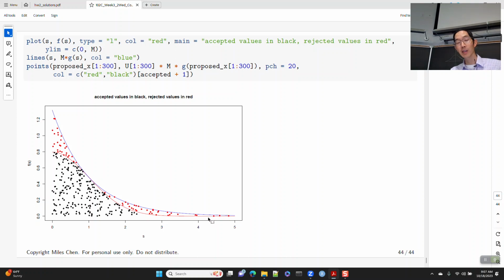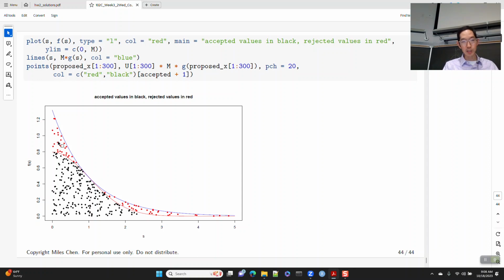How often were values between 4 and 5 proposed? Very rarely, which makes sense because we are using our exponential distribution to propose values in the first place. And then after we propose values using the exponential distribution, we only accept those that fall underneath the target PDF, in our case, the normal PDF times 2.